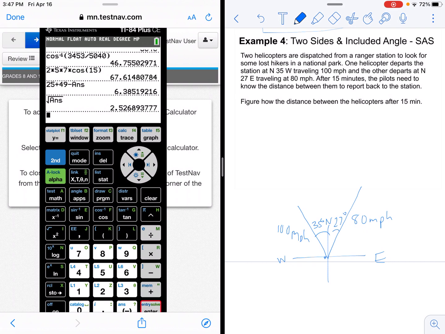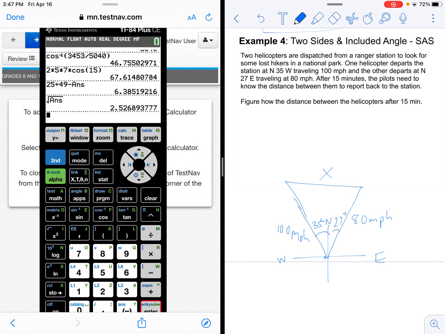After 15 minutes, the pilots need to know the distance between them to report back to the station. Figure out the distance between the helicopters after 15 minutes. So I believe what we're looking for is this distance right here.